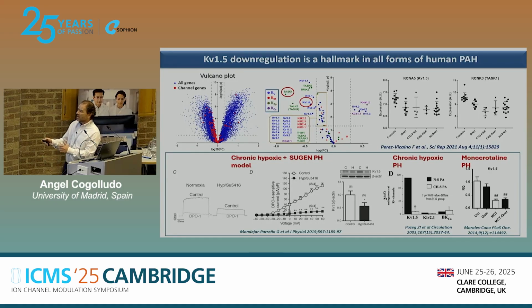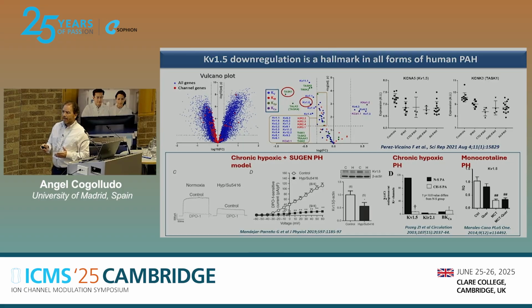And the same is observed in other more classic models of pulmonary hypertension, like chronic hypoxic exposure or monocrotaline-induced pulmonary hypertension. So in general, Kv1.5 downregulation is a common hallmark of the disease in patients, both genetic and non-genetic forms, as well as in the experimental models.